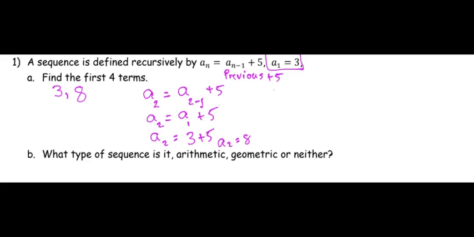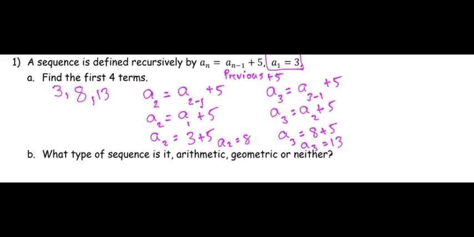Now the third term is going to be a sub 3 minus 1 plus 5. I know that 3 minus 1 is 2, so a sub 2 plus 5. That means I need to add 5 to the second term, which is 8. In this case, it's going to be 5 plus 8, which is 13.